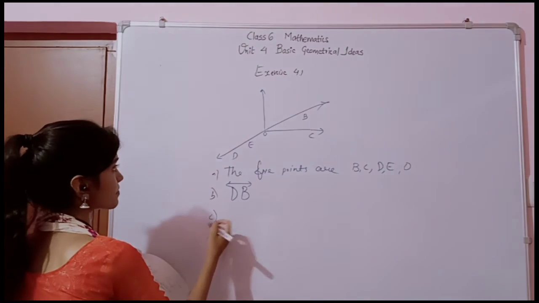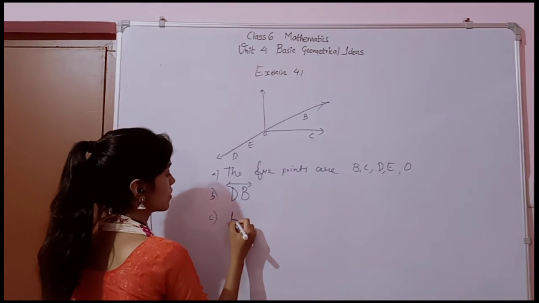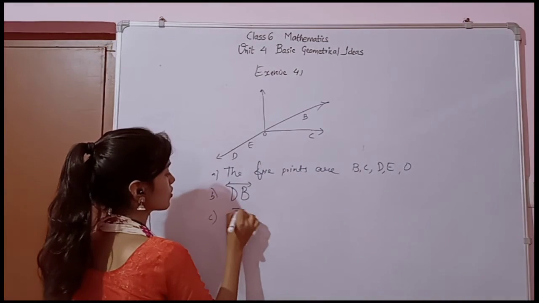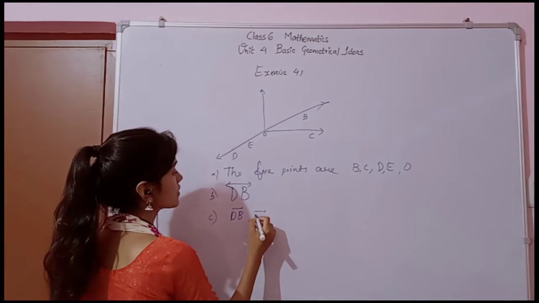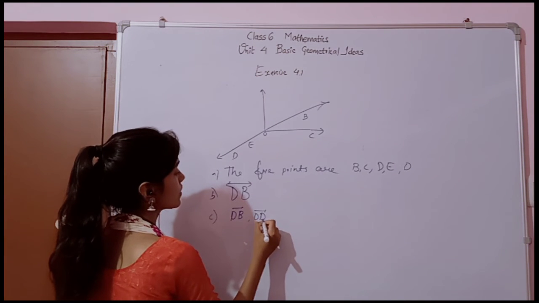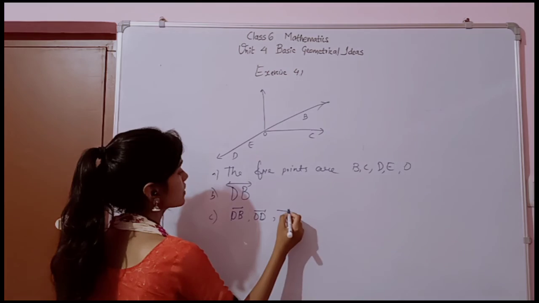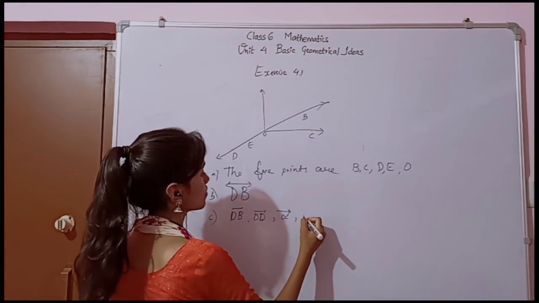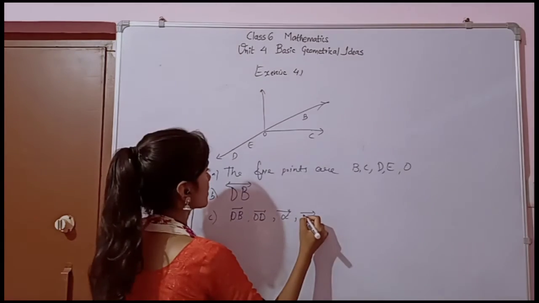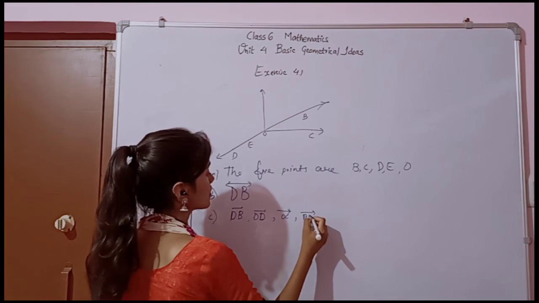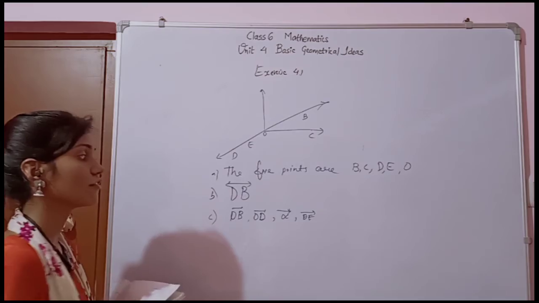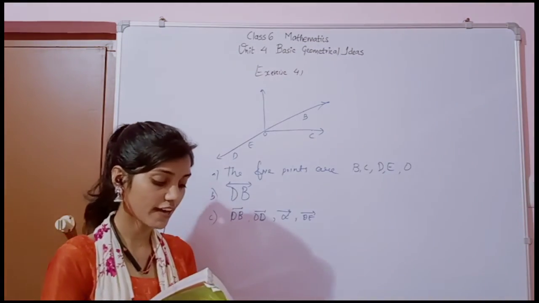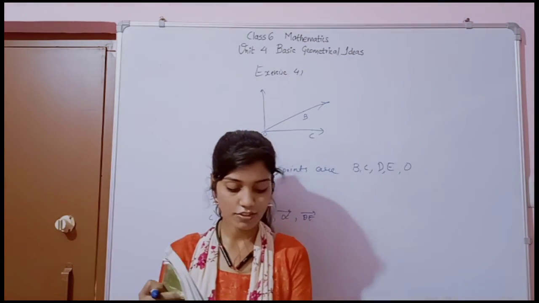So which are they? Let's write ray OB, ray OD, ray OC and ray DE. So these are the 4 rays. Next question, the 5 line segments, you have to do by yourself.